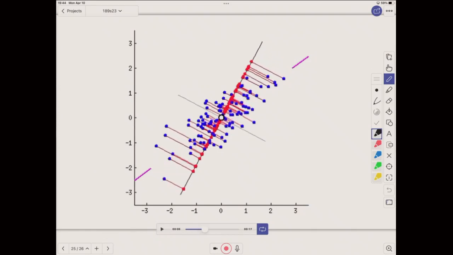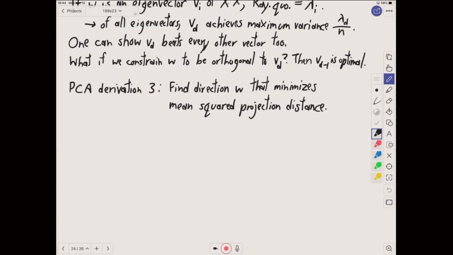So you can think of this as being a sort of least squares linear regression. But there's one subtle and very important change. When you do standard least squares regression, you have a special direction, the label direction, the y direction, and we are trying to minimize the sum of the squares of the errors in the y direction.